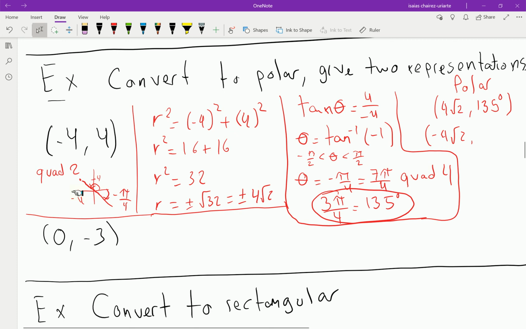That means my angle should now be negative 45 degrees. So those are two possibilities. You might have been able to come up with different ones, but those are two possible representations of this point in polar form.